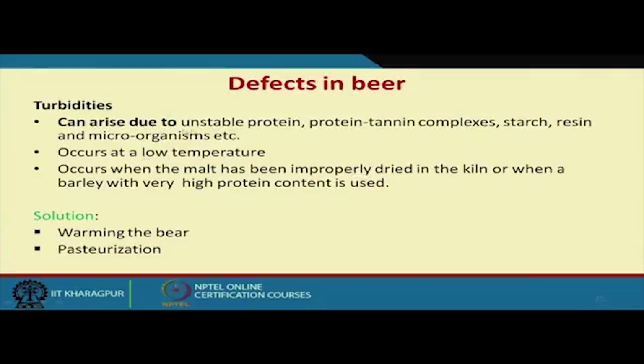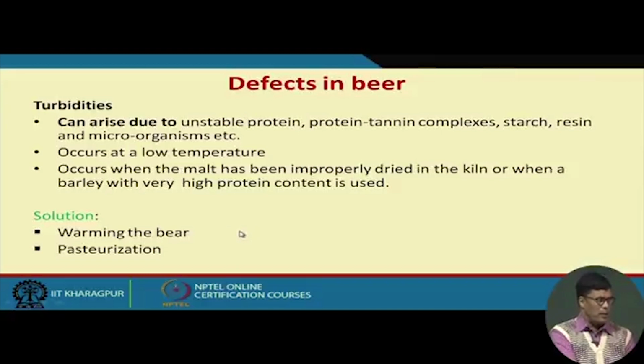This can arise due to unstable protein, protein tannate complex, starch, resin, and microorganisms. It occurs at low temperature, when malt has been improperly dried in the kiln, and when barley with very high protein content is used. This can be removed by warming the beer and the pasteurization process, so the turbidity of the beer can be removed to some extent.